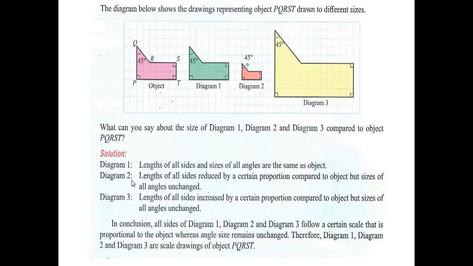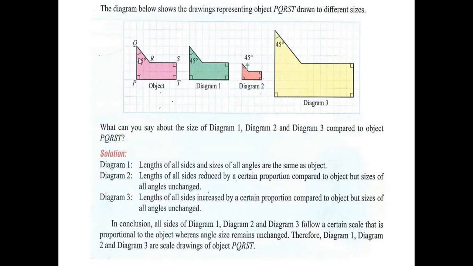How about diagram 2? Diagram 2: length of all the sides reduced by a certain proportion compared to the object, but sizes of all angles unchanged. Is it true?